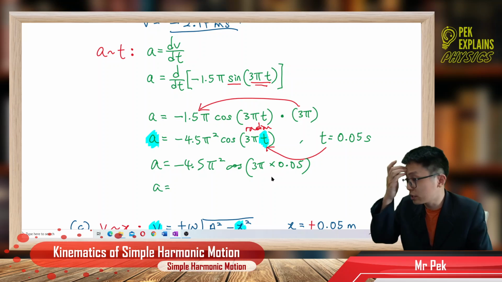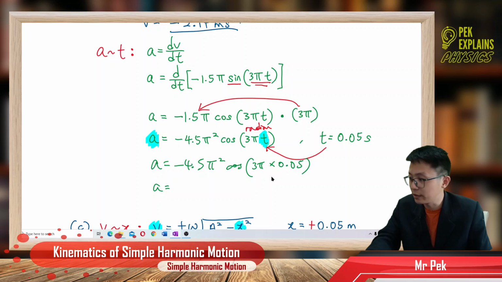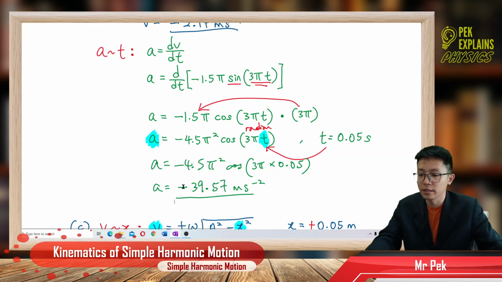And what's our acceleration? It is negative 39.57 meter per second squared. That's our acceleration. Negative 39.57 meter per second squared. Okay? Good.